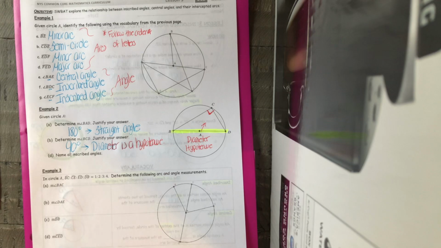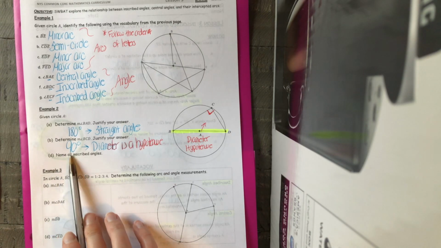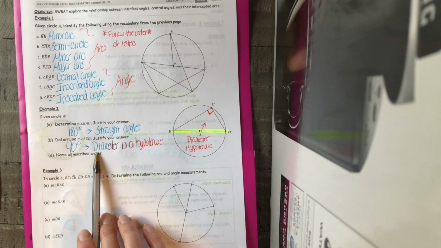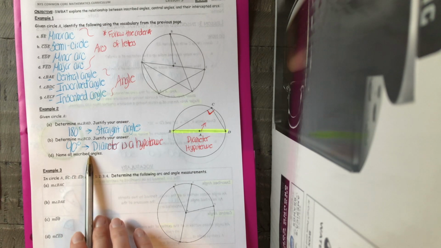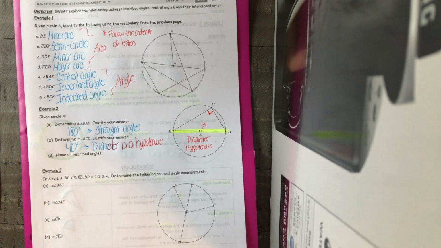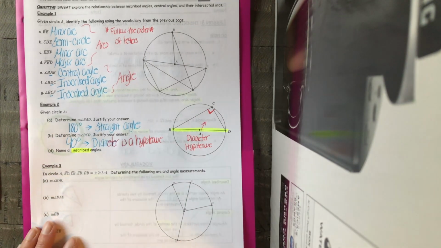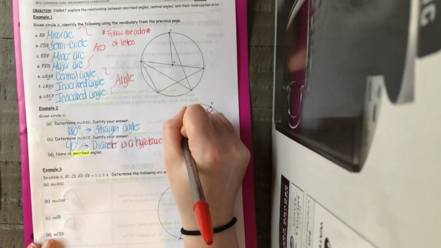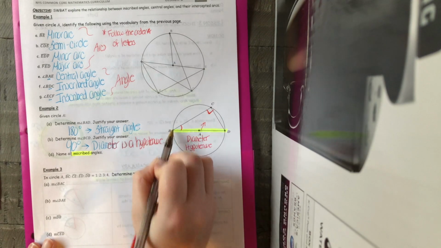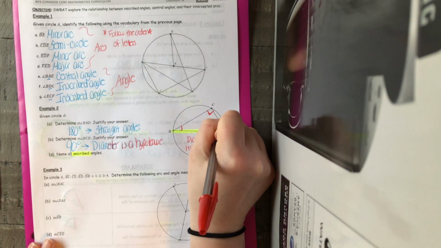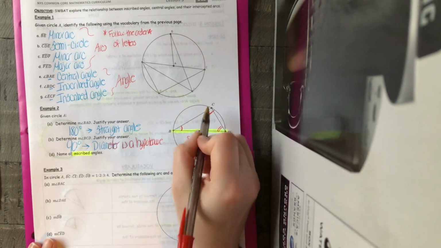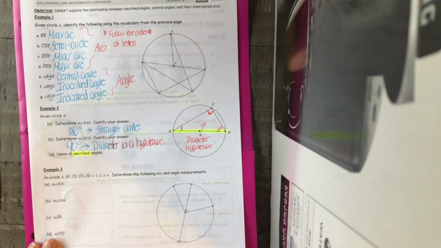Okay. And then part D, it says name all the inscribed angles. So if I'm inscribed, that means I'm on the circle. I'm just going to highlight that because it's a new important vocab word. So I can see that angle B is on the circle, angle D is on the circle, and angle C is on the circle.